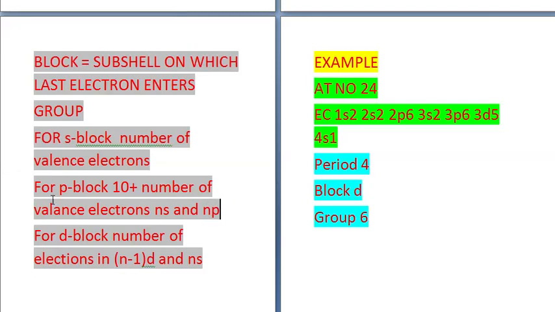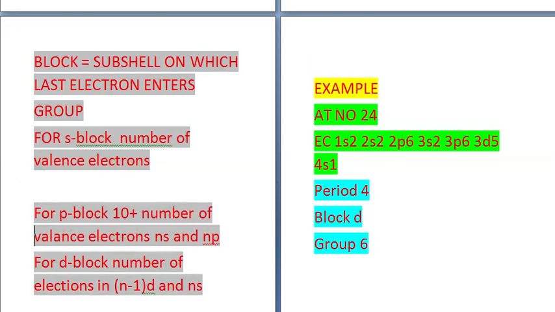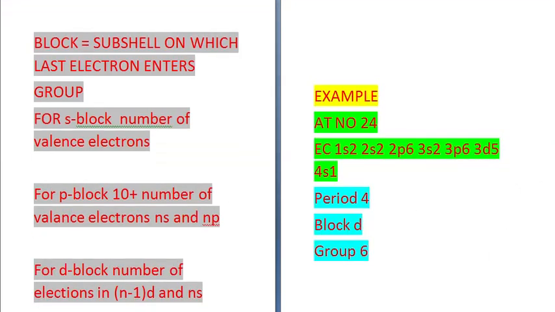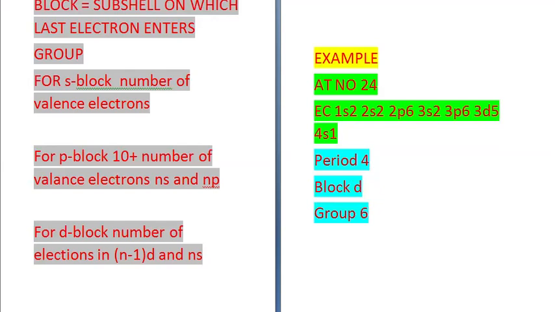This is for p block. For d block, it will be the number of electrons in (n-1)d and ns orbital. That will make the group number.